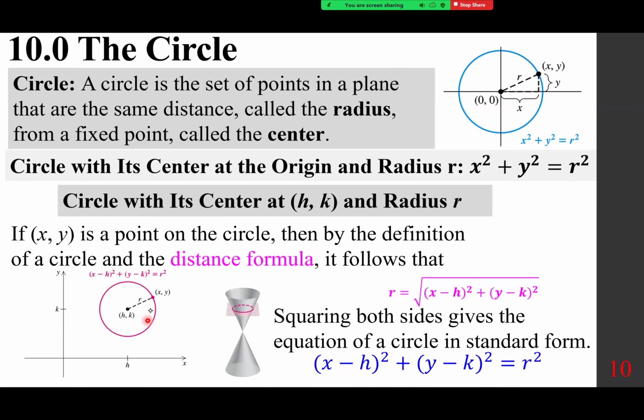This happens, and again, you're looking at a cone where the plane cuts it perpendicular to its axis, or axis of symmetry.